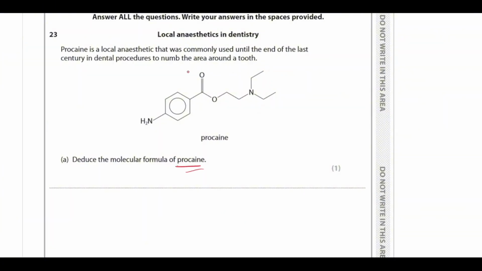Now, of course, the displayed formula has been provided down here, so it's going to be very easy. So we have 1, 2, 3, 4, 5, 6 carbons, 7, 8, 9, 10, 11, 12, 13. So there are 13 carbons.